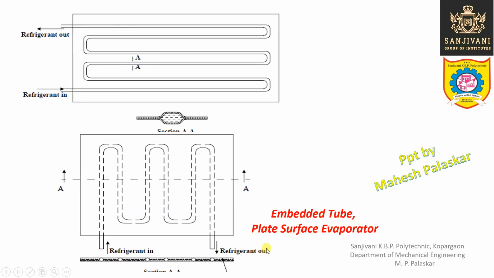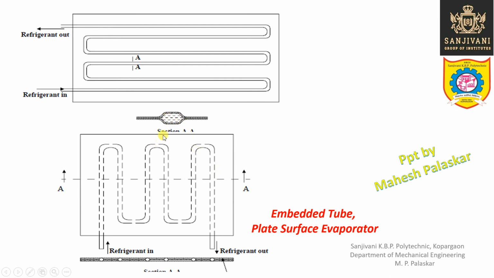So we are going to study one more diagram. This is the embedded tube plate surface evaporator. So one more figure of the plate surface evaporator we are having, because the tube is embedded inside the plates. We are having these plates with double wall or double plate, okay, and these plates are manufactured or curved in such a way that automatically we get the section.